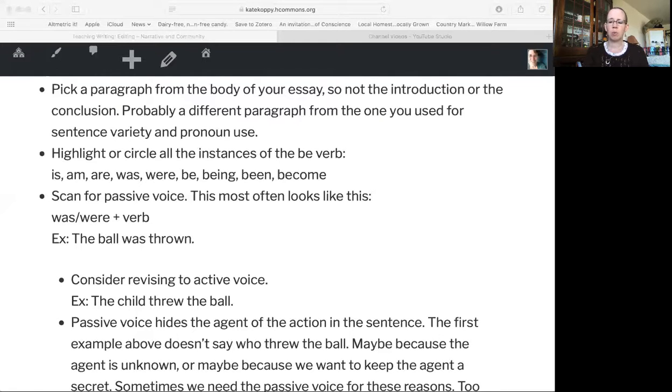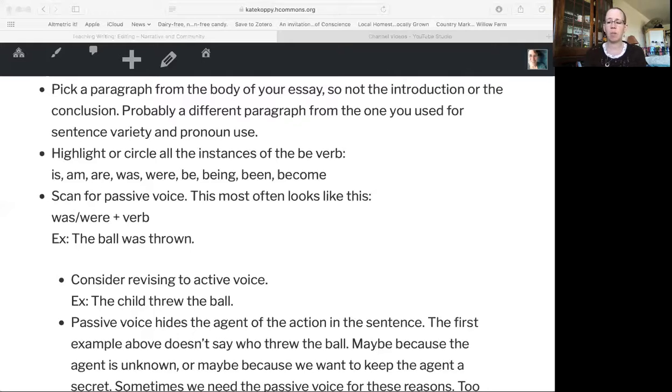For example, I noticed that in this paragraph, I have several highlighted examples of the be verb all in a row. They're all the same, is. So here's a place where I seem to have fallen into a rut with my writing when I was making this draft.